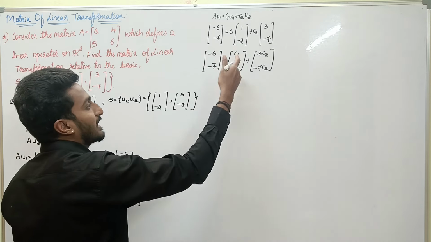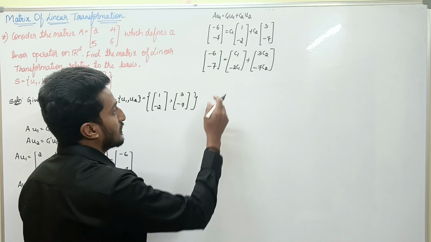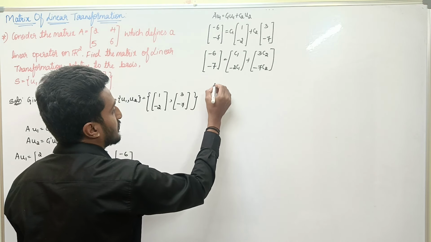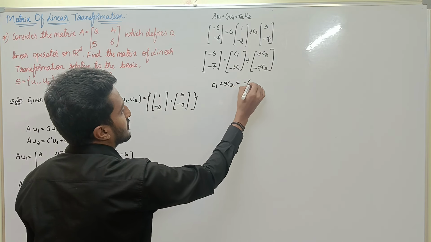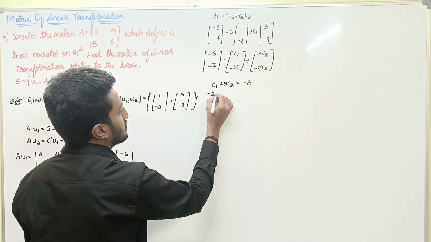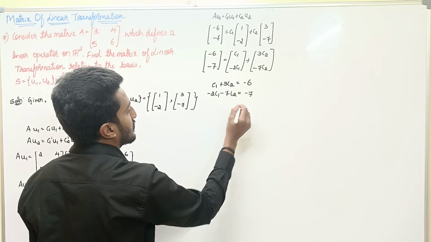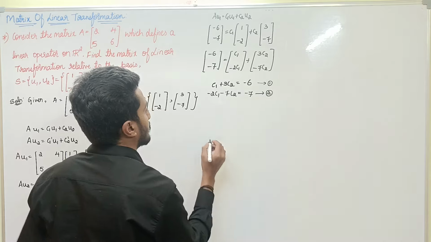Let us write this in linear equation form. The first element: C1 plus 3 C2 equal to minus 6. The second row: minus 2 C1 minus 7 C2 equal to minus 7. Consider these as equation 1 and equation 2.